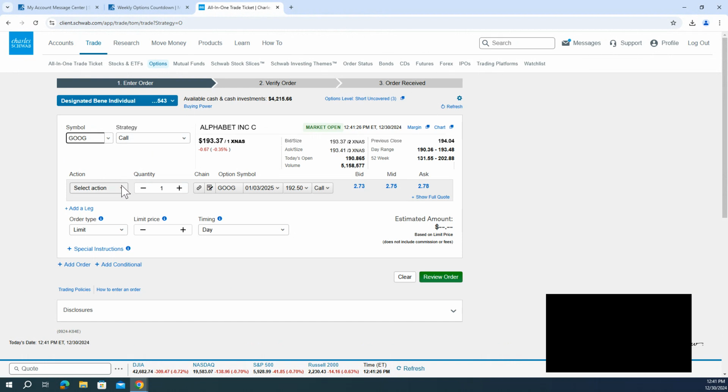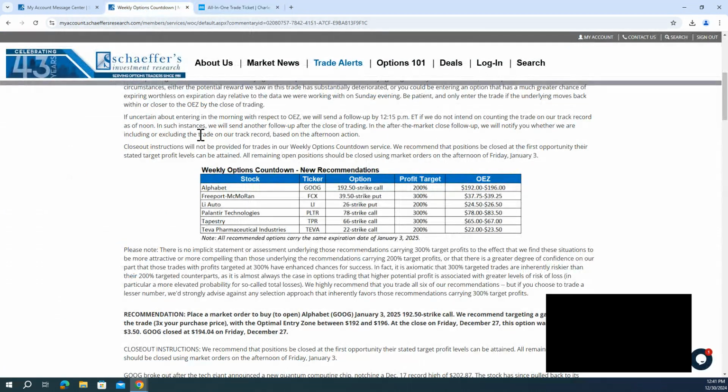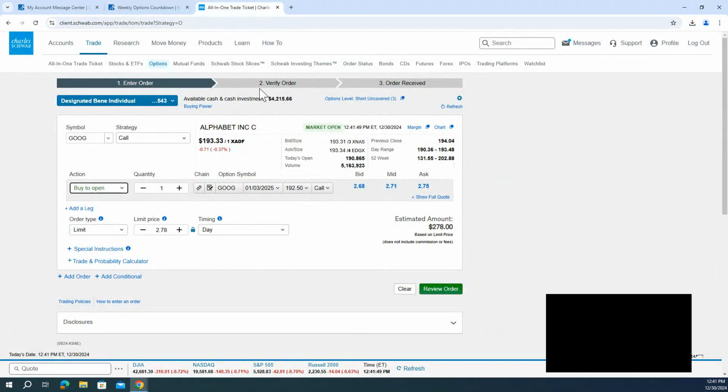So remember, we want to buy to open one contract of the January 3rd, this Friday, the 192.50 call. And they only want us to enter the trade if the stock is trading between 192 to 196. And right now it's trading at 193.33.